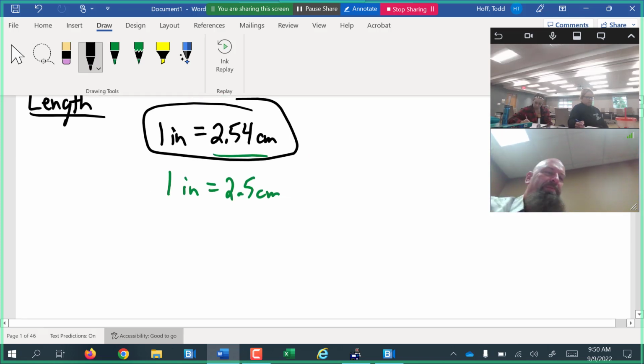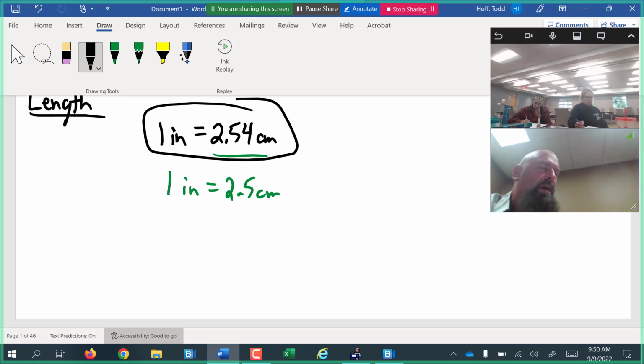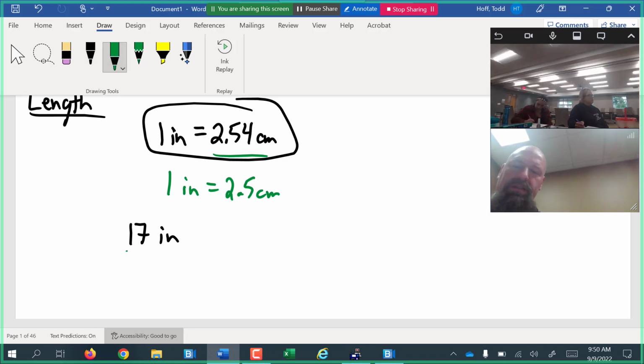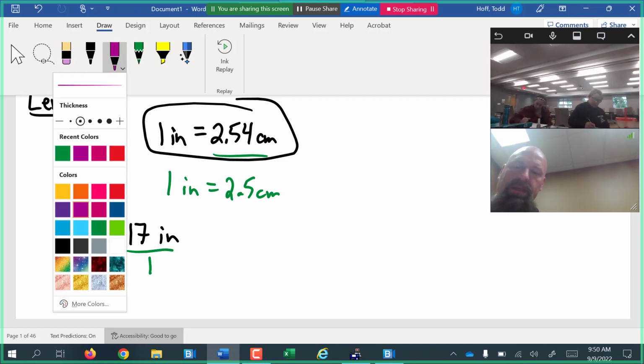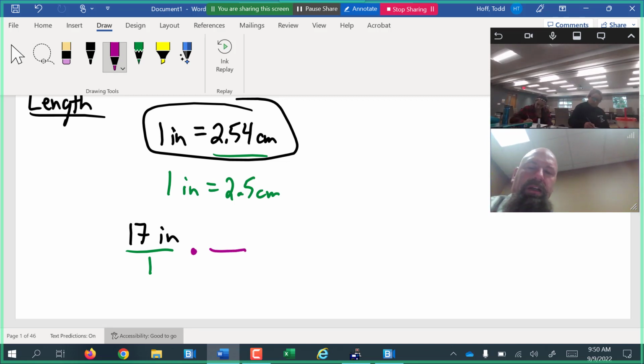So let's say somebody comes in, you're taking a measurement, and you get that their measurement is 17 inches, and we need to convert that into centimeters. Well, again, we make it a fraction by putting it over 1. And we'll multiply by our conversion factor. The conversion factor, we're getting rid of inches. Inches are on top, so we put them on bottom.